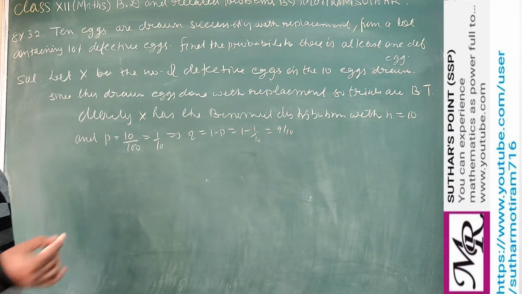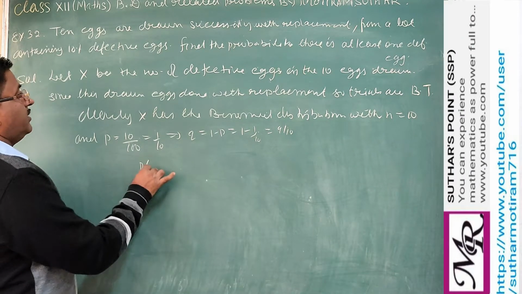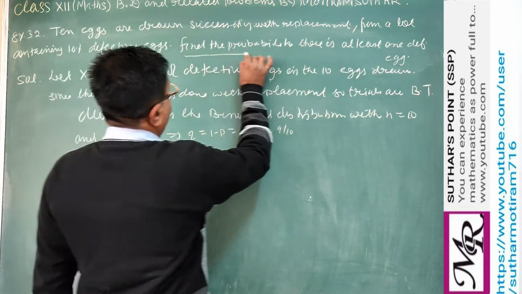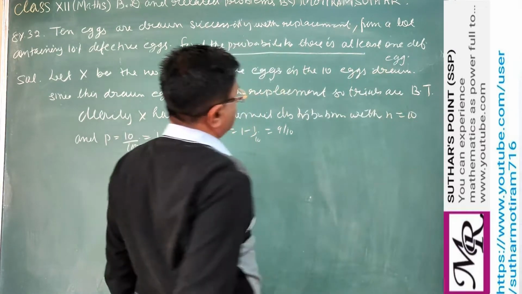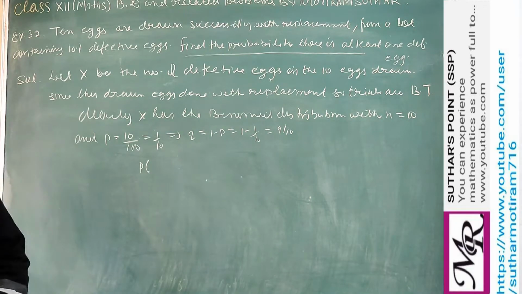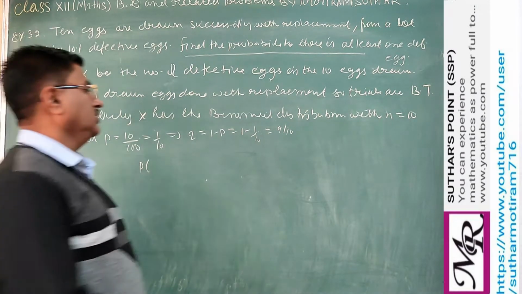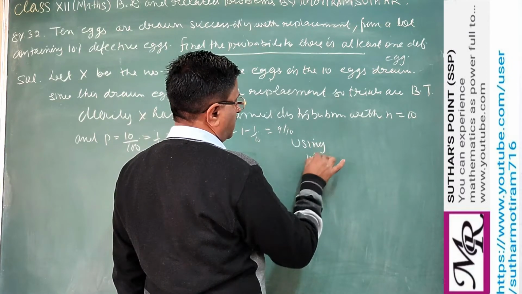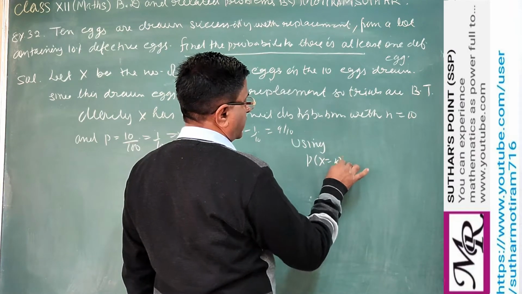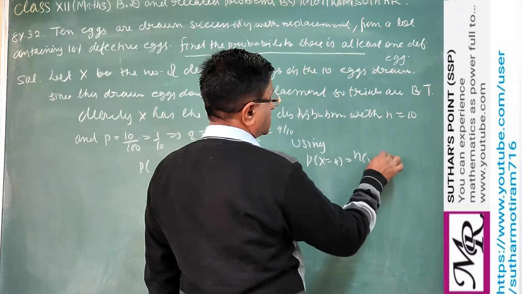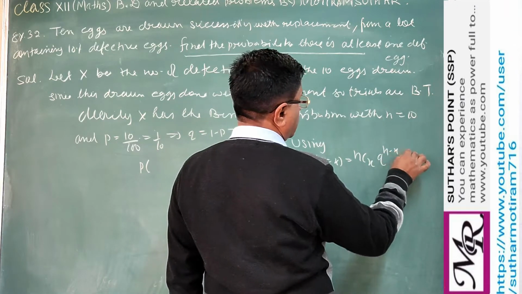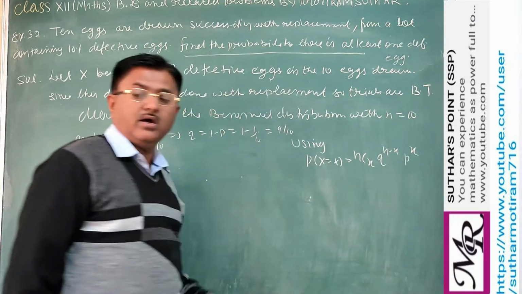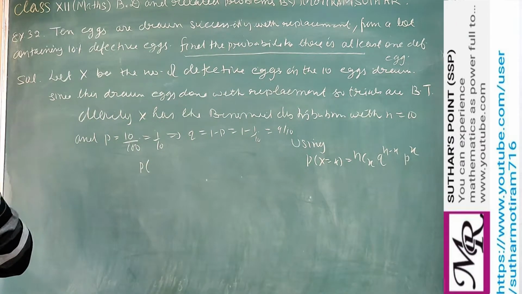Now the question says we have to find the probability that there is at least one defective. Now using the formula, P(x) equals nCx q to the power n minus x and p to the power x. Clear?